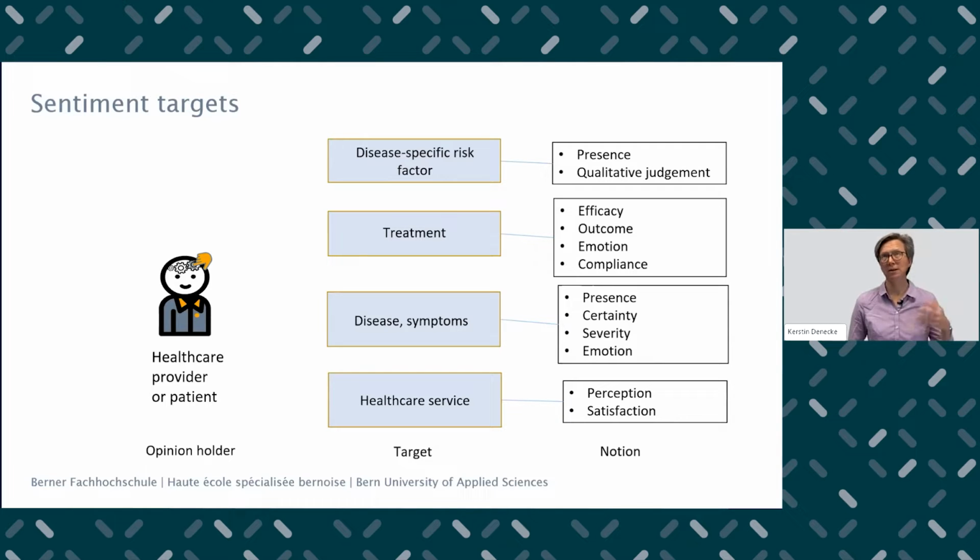Just consider clinical narratives, where some physician is writing that some specific anatomical structure is present or not, or some symptom is certain, some disease is certain, and so on.